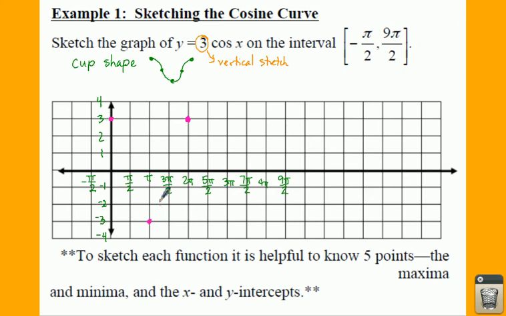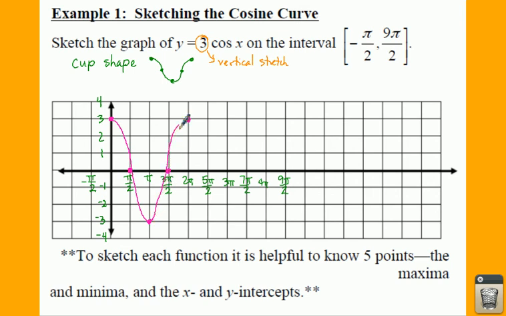Halfway in between these 2 points, you're going to have a point which actually crosses your x-axis, your horizontal axis. And that means that we also have this point over here, halfway in between pi and 2 pi. And you have one cycle of your cosine graph drawn in here.